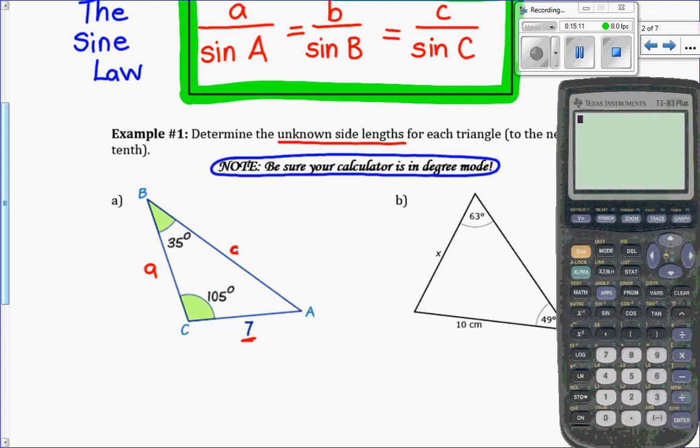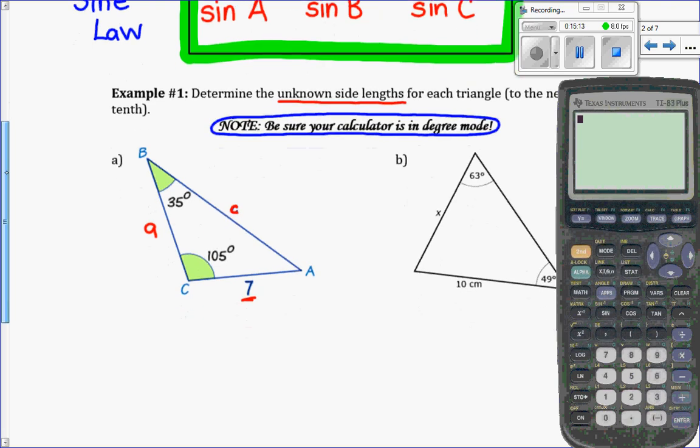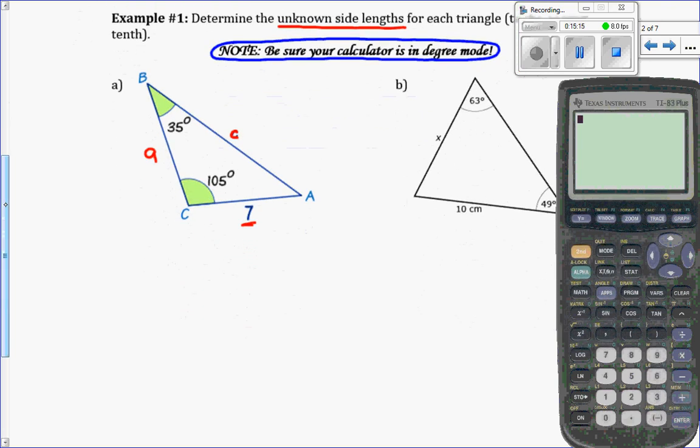Okay? So what you do is you start with the information you are given, where you have both a side length and an angle measure. Okay? So there is only one case of that. That is angle B and side B we have. Okay, so that's the one we're going to start with. B, side length B, divided by the sine of angle B is going to be equal to, well, let's start with this.